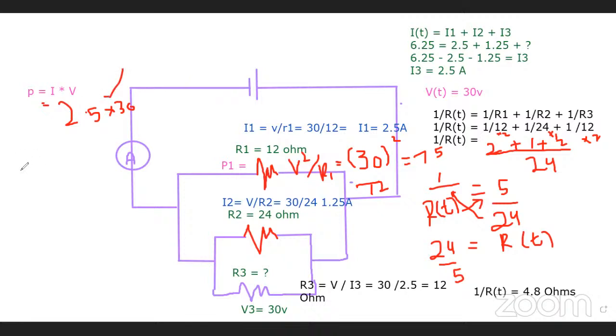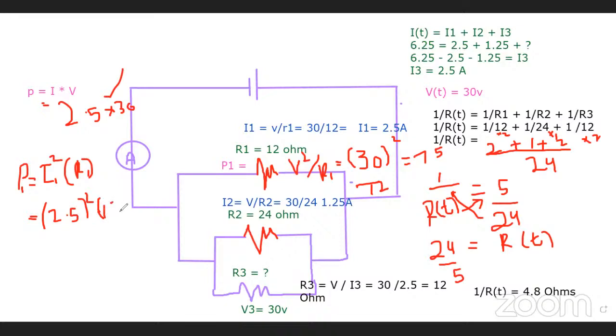Now, what is the third formula? P is equal to I squared times R. So it is P1, so we are going to use I1 and R1. I1 here is 2.5 and R1 is 12.